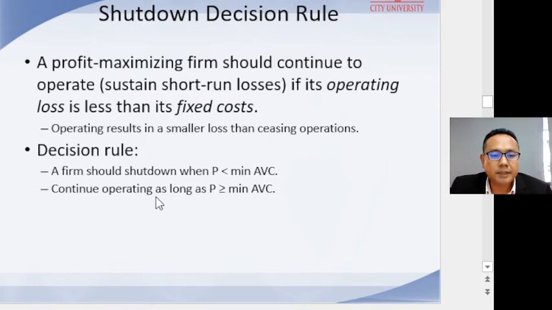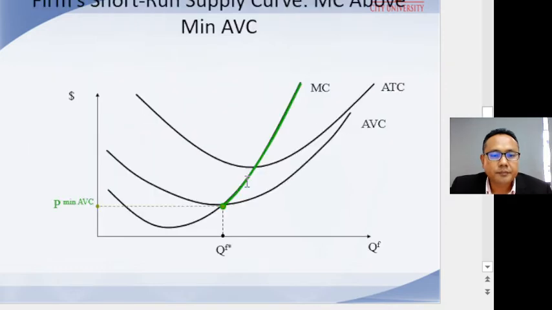But you can continue operating as long as price is bigger than or equal to minimum average cost. This is the decision rule, from the short run supply curve, right? So price versus minimum average cost.